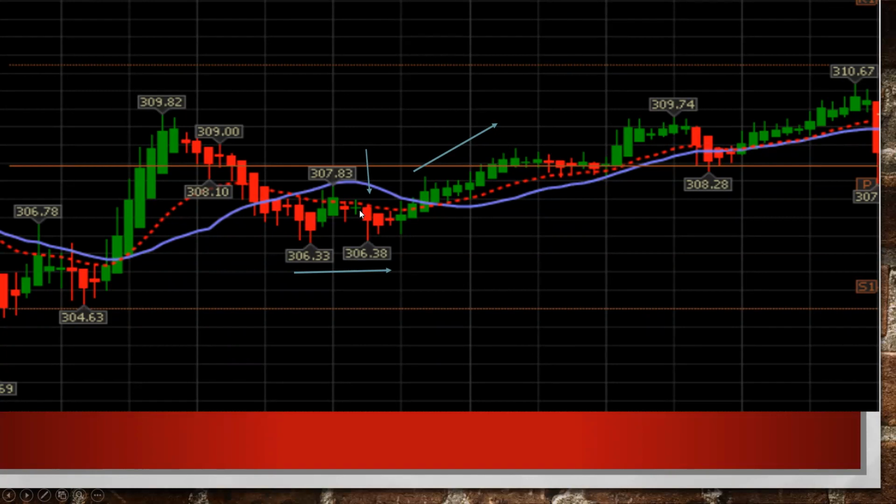The mother candle is higher and lower than the candle to the right. Inside bar at a support level. It's not the low of the day, but it's a support level. The reason why you know it's a support level is because you've got this double bottom here. Color change, and then off to the races.